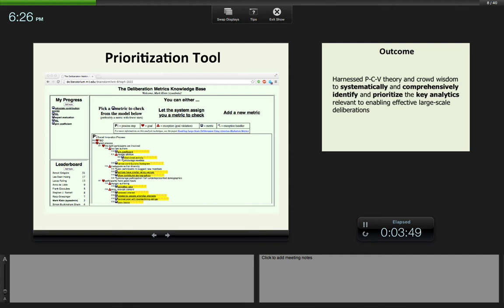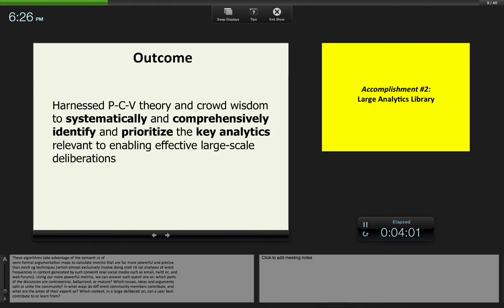We then also developed an online prioritization tool which the members of the Catalyst Consortium used to prioritize the metrics that were identified using our systematic methodology. The outcome of this element of the work was to harness process commitment violation theory and crowd wisdom to systematically and comprehensively identify and prioritize the key analytics relevant to enabling effective large-scale deliberations.